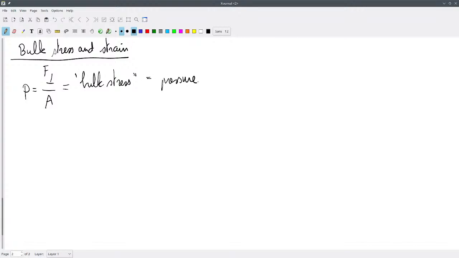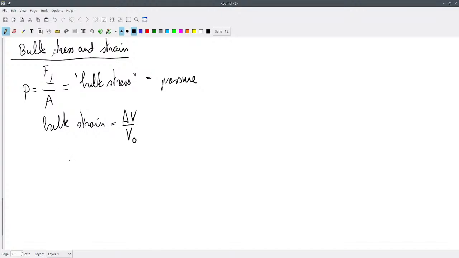So for example, air pressure around us, water pressure if you submerge something, oil pressure in hydraulic systems. So it is the pressure of the fluid that is surrounding the object. The bulk strain will now be the change in volume over the original volume. And of course they're connected.